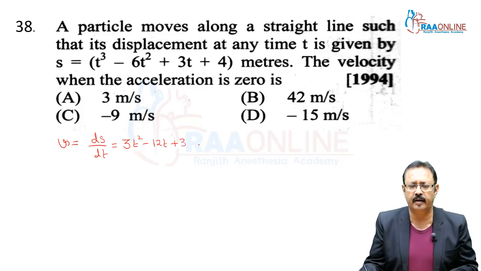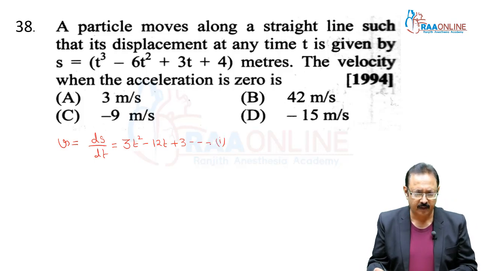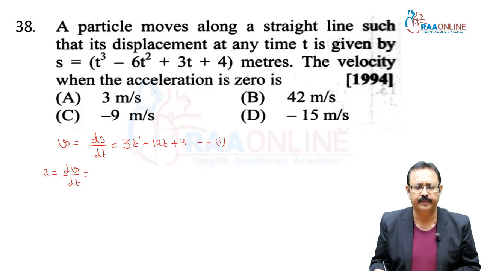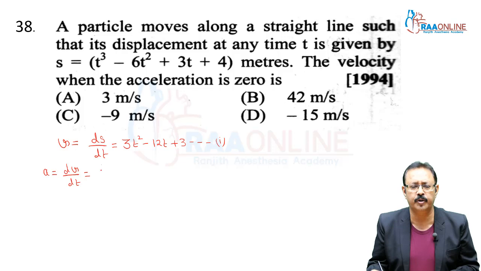So it is the expression for velocity. Differentiate this and calculate the expression for acceleration. We know that acceleration is the rate of change of velocity. So it should be 6t minus 12.